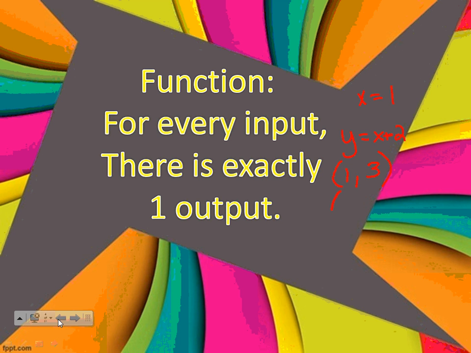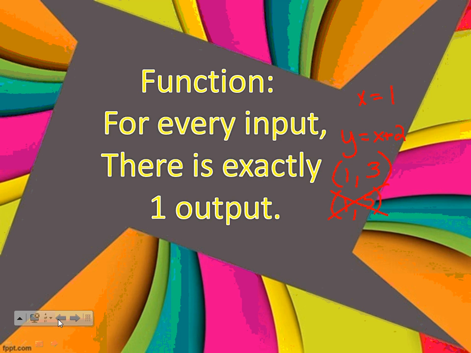Would it be possible for someone in this equation to plug in 1 and get 5? If we plugged in 1 again to this equation, could I get 5? That is not possible. Every single person in this room, when you plugged in 1, you got 3. So what it's saying is, for this particular input, how many correct answers are possible?